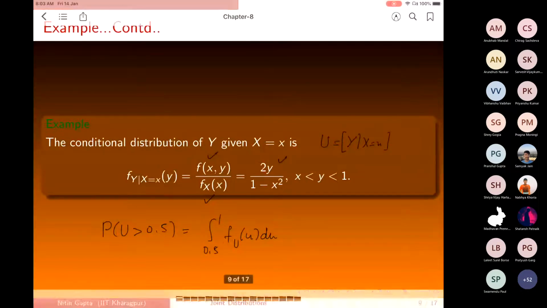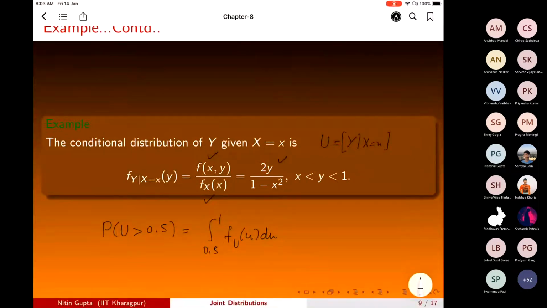And from there we can find out the expected value of y given x is equal to small x also. This will be nothing but the integration of y times the conditional density dy. Okay, so this will be some function of x, small x.